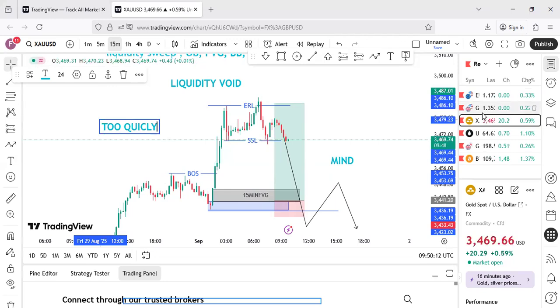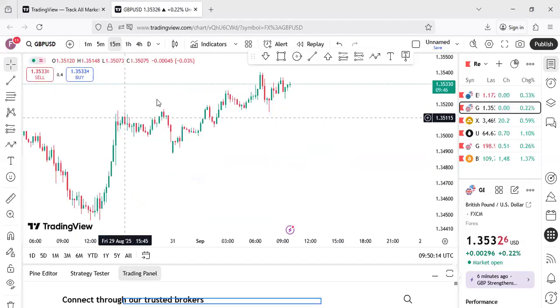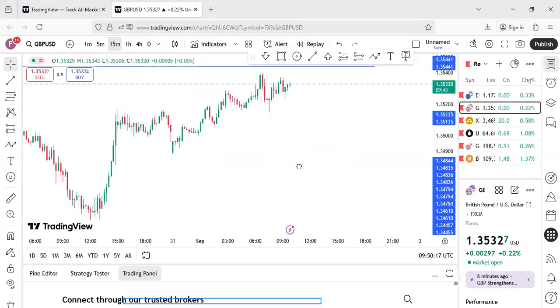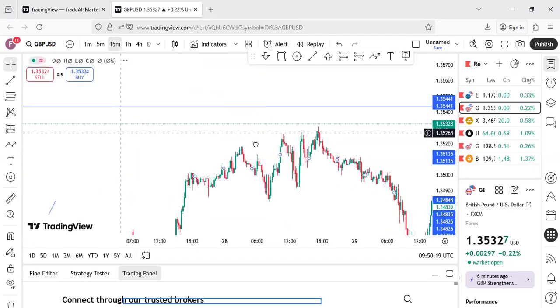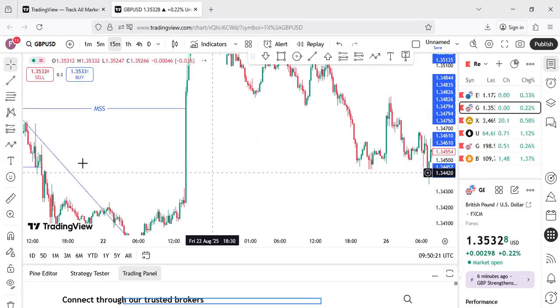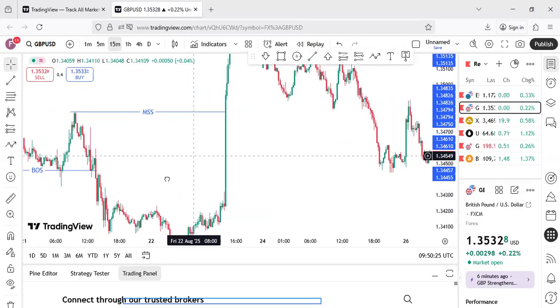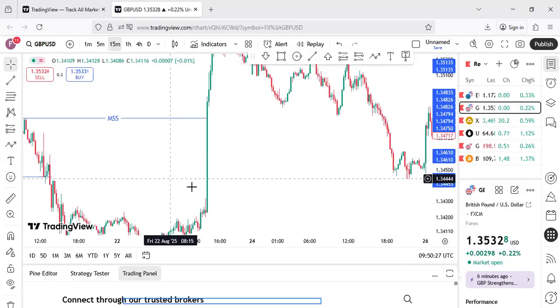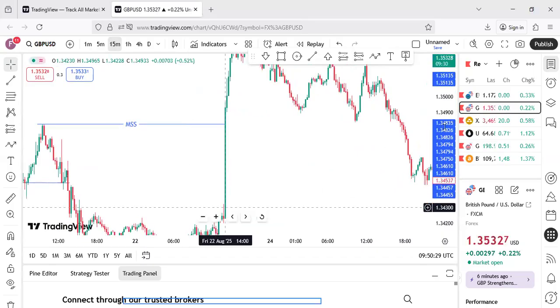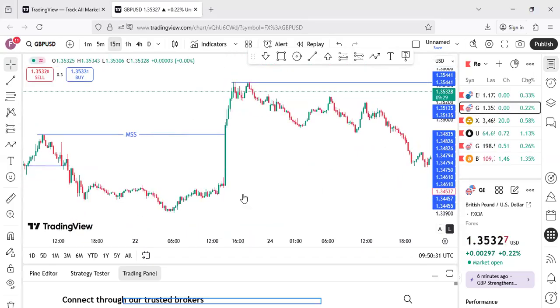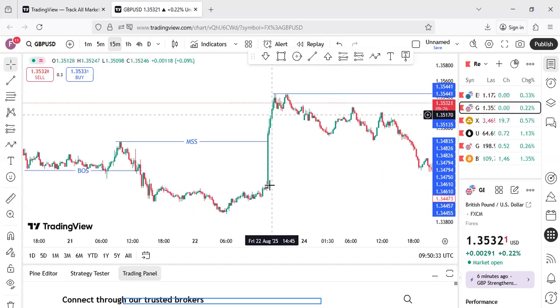Let's go back to that GBP USD. Pay attention now. It's an area in the chart where price moves too quickly. Look at it. Price moves very, very quickly here.